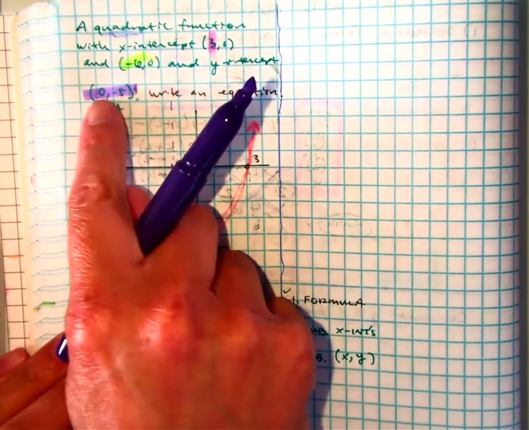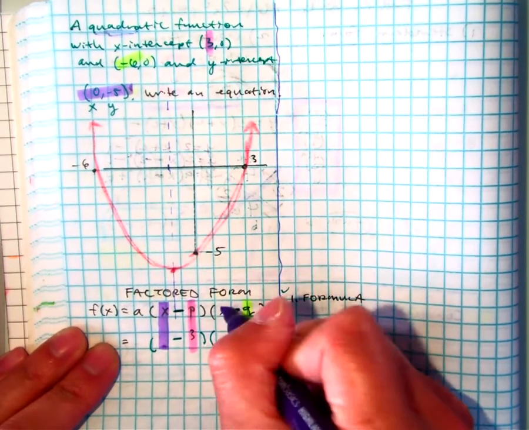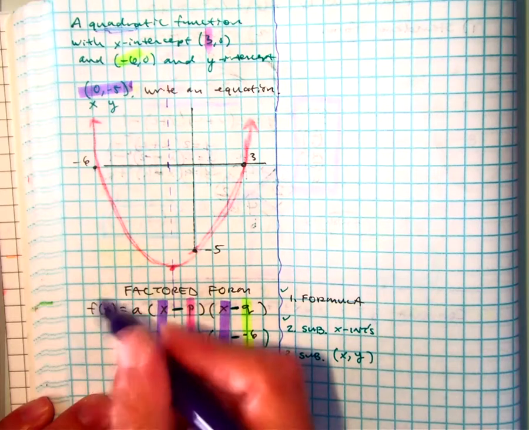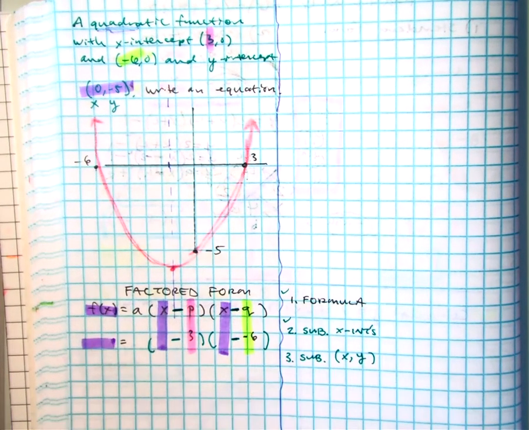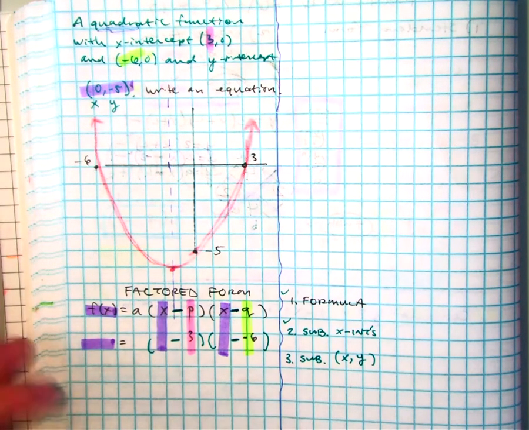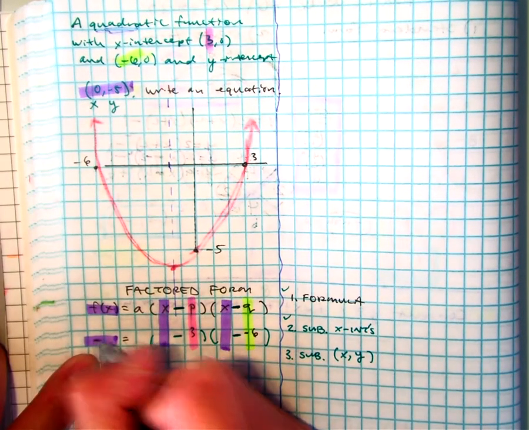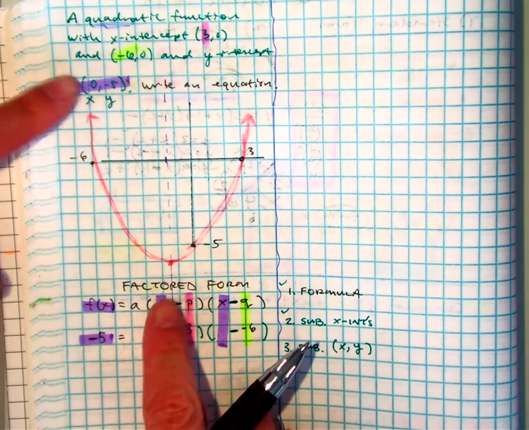That means for every x value we're going to put in 0, and for every y value, we're going to put in negative 5. Remember, f of x is just a fancier way of saying y. So my y value is negative 5. Now this is going to be kind of weird. Every x value is going to be 0.